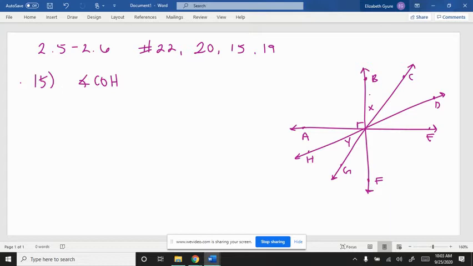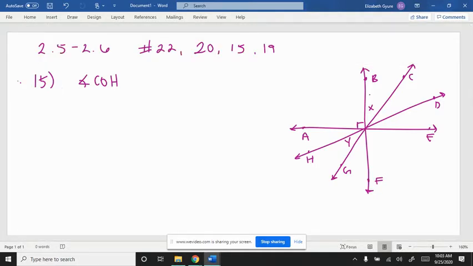And if you have a lot of intersecting lines, does anyone know what special angle relationship you're going to have a lot of? Yeah, vertical angles. Whenever you have those X shapes happening, you're going to have vertical angles. And what do we know about vertical angles? They're congruent, which might be helpful because we know some measurements, right?